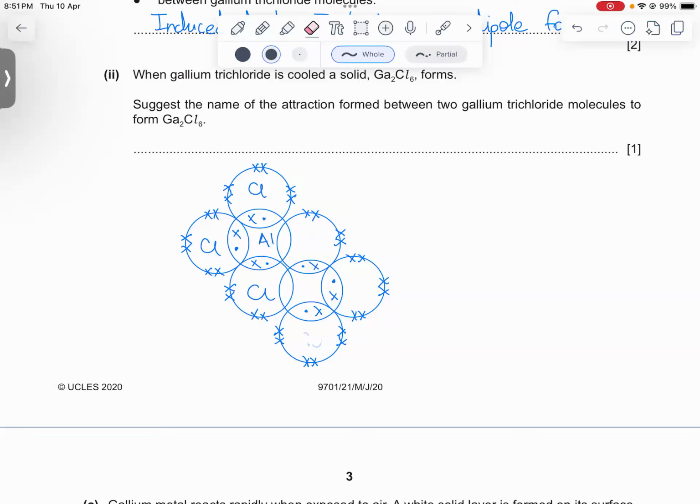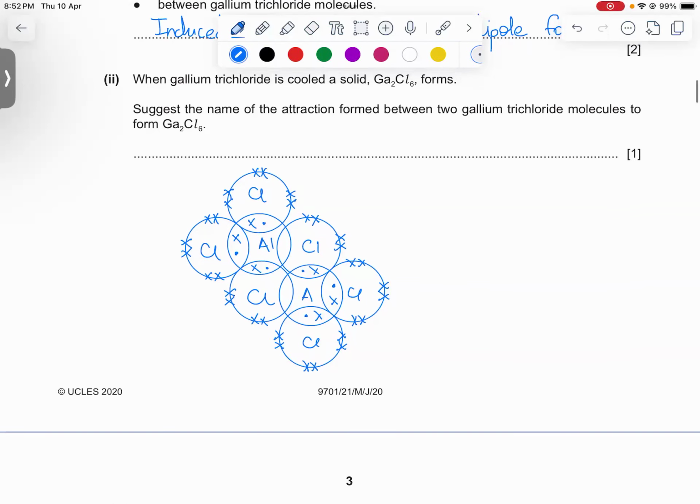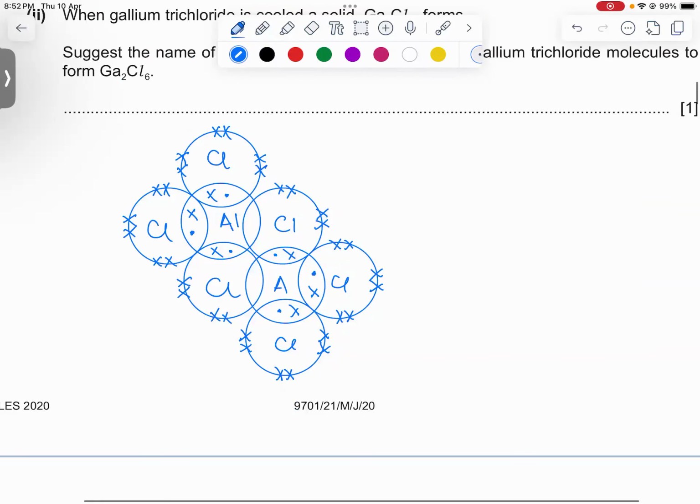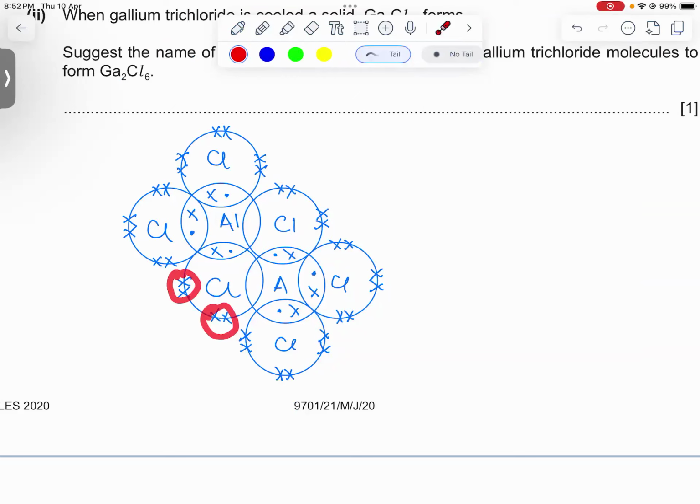The labels are now switched up, so let me correct them: this will be Cl, Cl, Cl. And in the aluminum and the chlorine right here, out of the three lone pairs, one of the lone pairs is completely donated to this aluminum, like that. And similarly for this chlorine, out of the three lone pairs, two are by itself and one lone pair is completely donated to this aluminum.